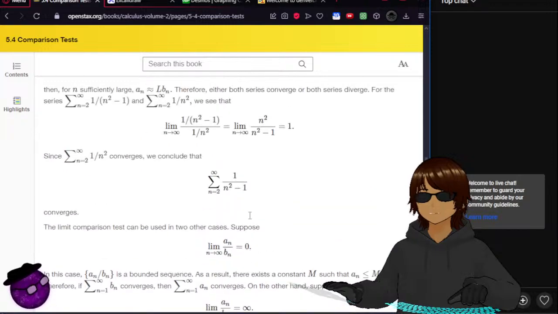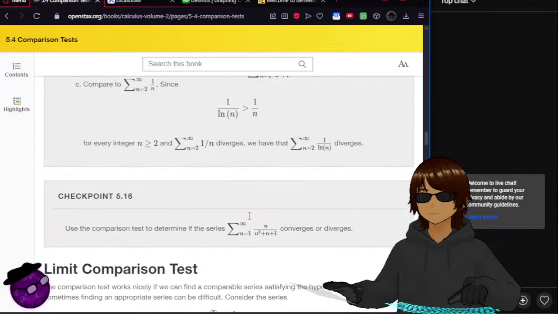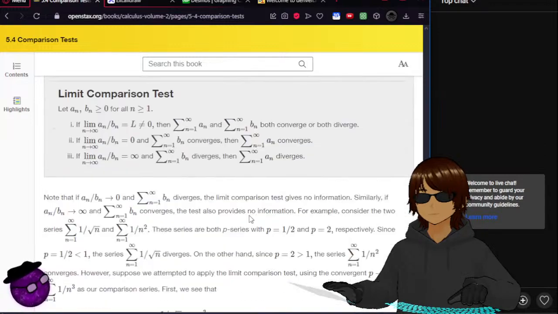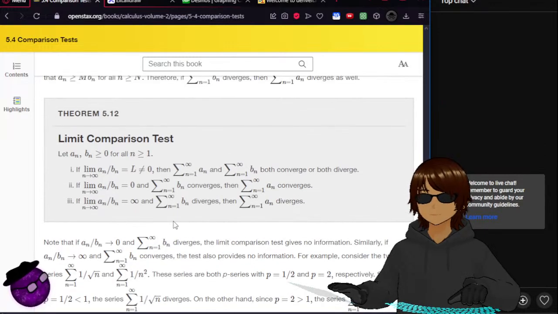Okay, this is going to be confusing. If bn diverges, like for the third case, then an cannot be convergent.